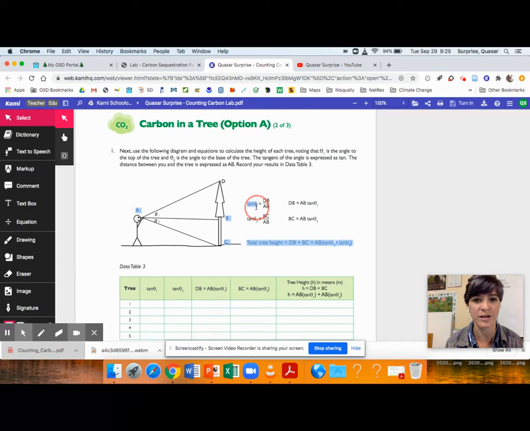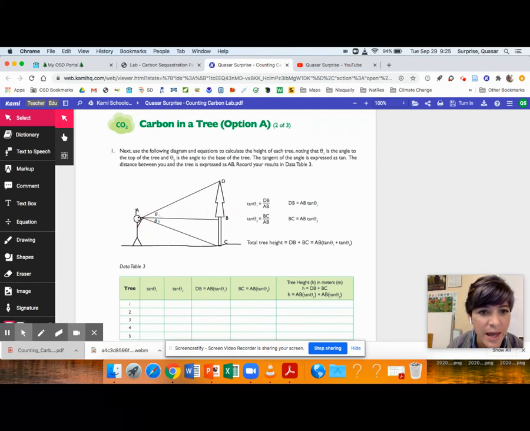So tangent, if you've done the trigonometric functions, is you can find the angle. The tangent of an angle is the opposite side over the adjacent side.